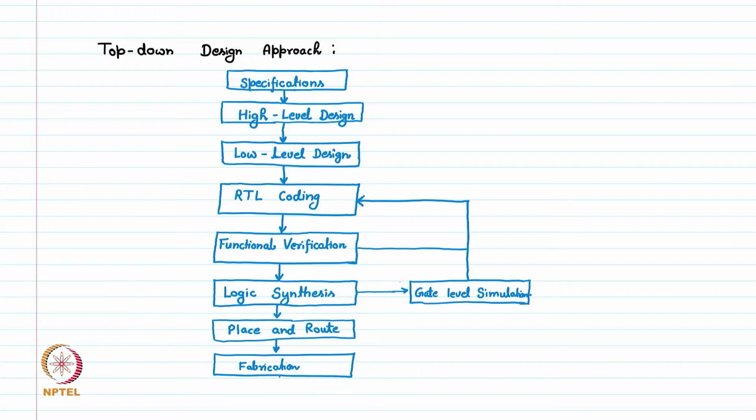And after fabrication we do post silicon validation, which is checking the silicon for a known set of inputs and generating the output on the silicon itself. So this is called post silicon validation.